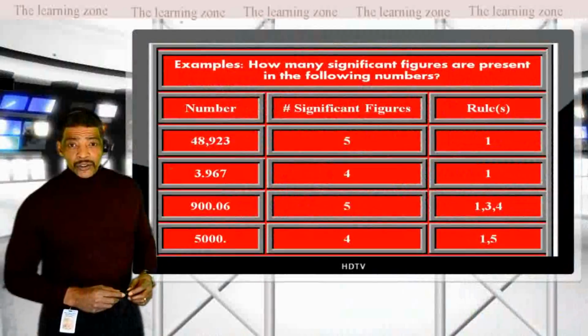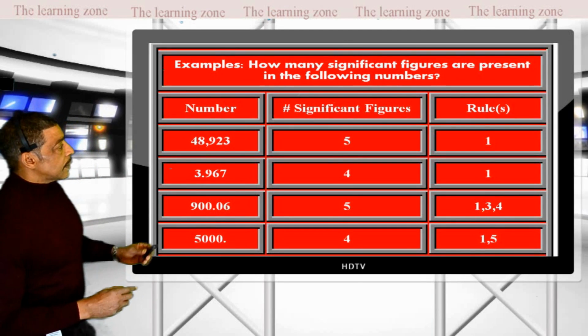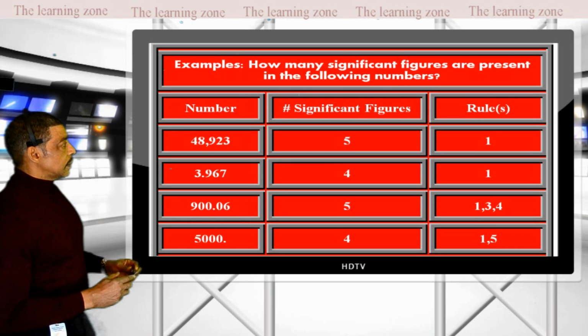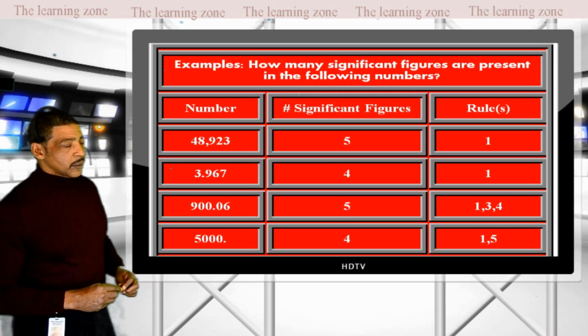Now let's apply the rules for determining significant digits to some actual examples. Consider the following. How many significant figures are present in the following numbers? Where the first number is 48,923.